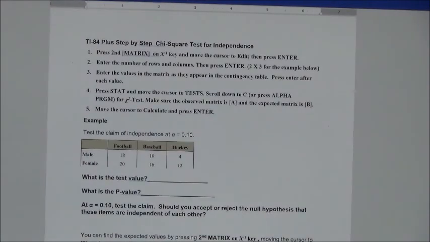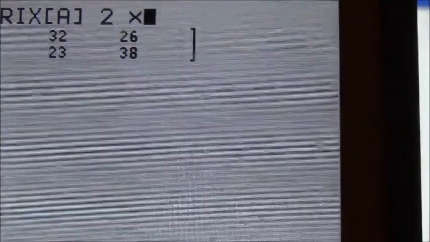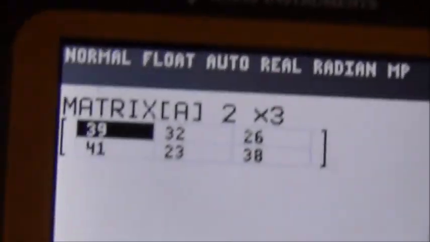So then you have to put in the size of your matrix. So if I look at my problem here, you can see that I have 2 rows that are male and female, and 3 columns, football, baseball, and hockey. So I'm going to do a 2 by 3 matrix. So I'm going to change those values that are up at the top and make that one a 2. The 3 is already in there. And then I'm going to change the data in the table.